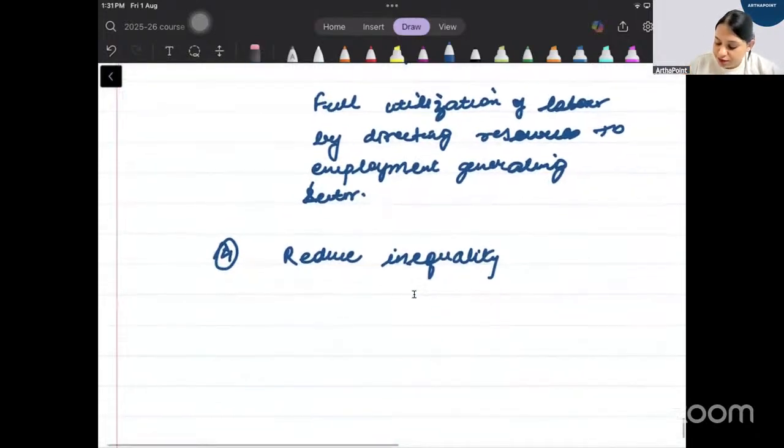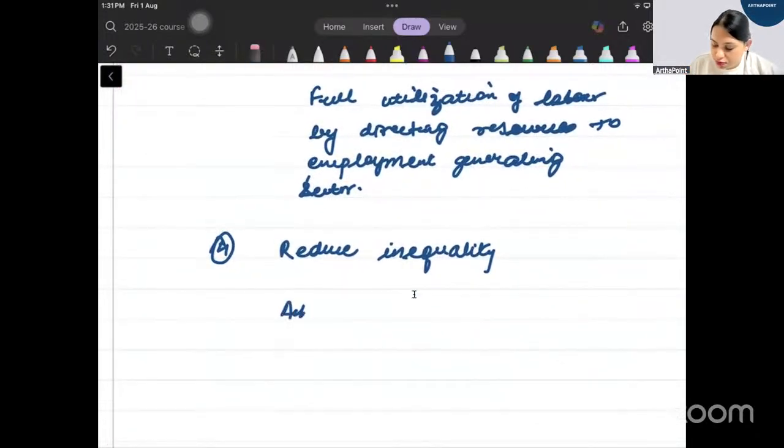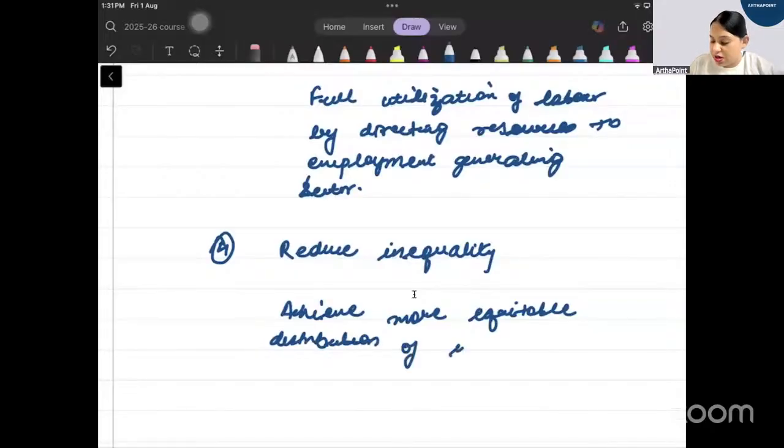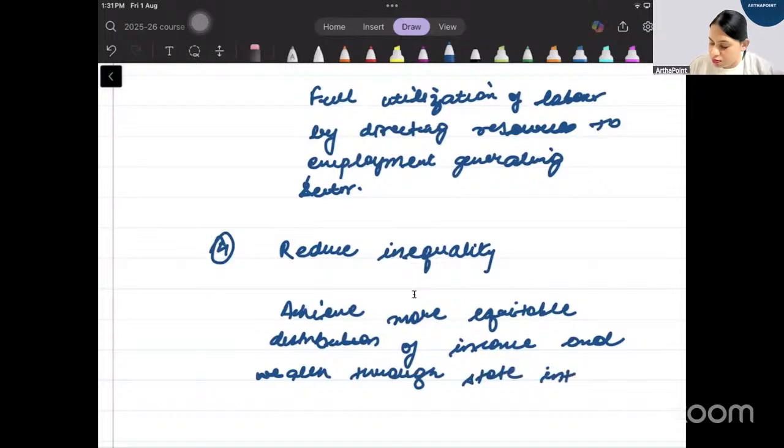So achieve more equitable distribution of income and wealth through state intervention, right? And redistribution policies.